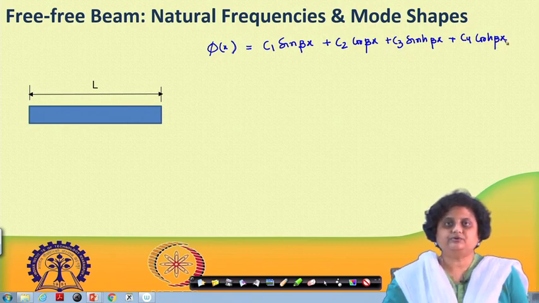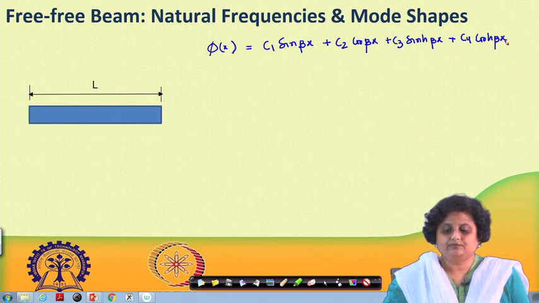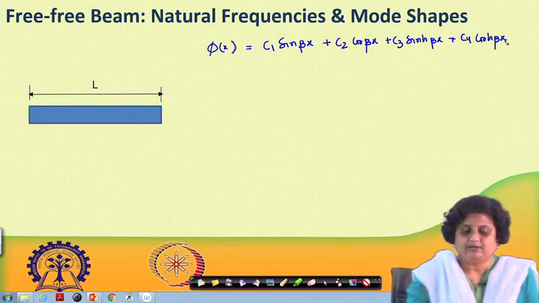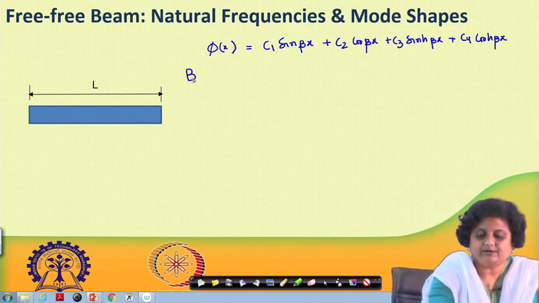So, this is the generic solution of the mode shape of a beam. Now, let us impose the boundary conditions for a free beam.